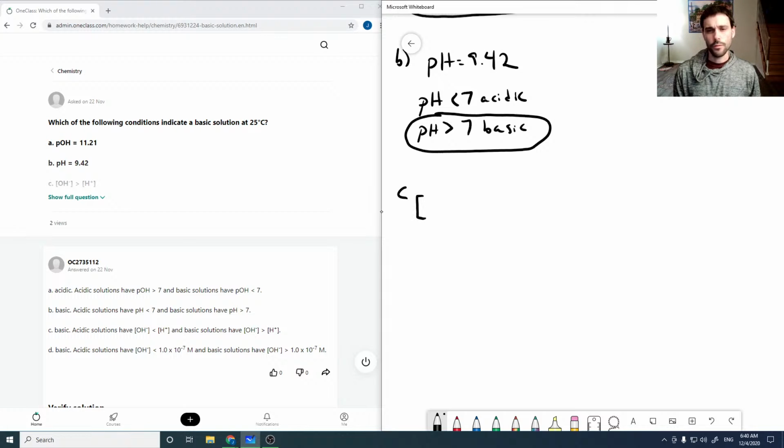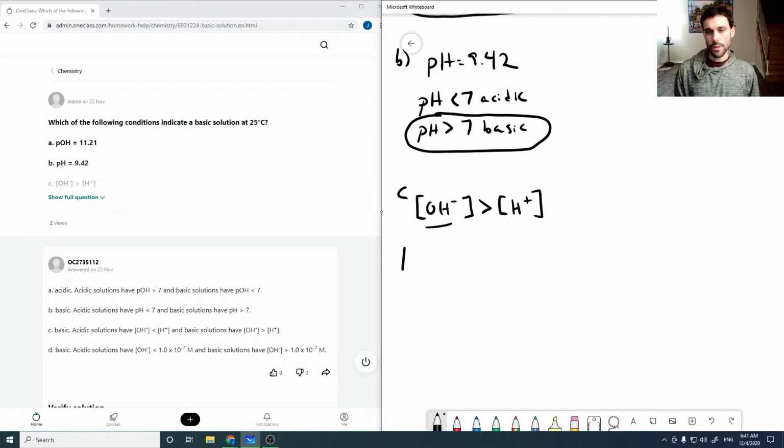Okay, C, our concentration of OH minus is greater than our concentration of H plus. So I think most people would realize that this would mean it's basic, but just to describe why this would be.